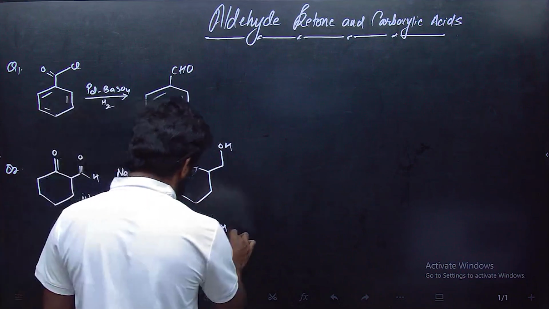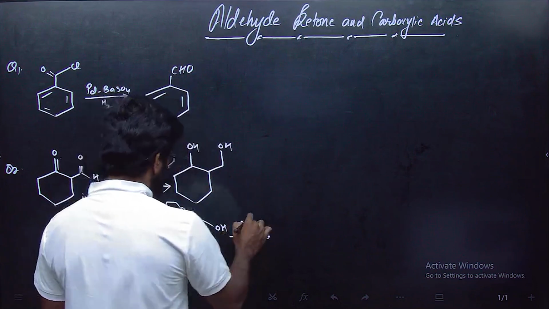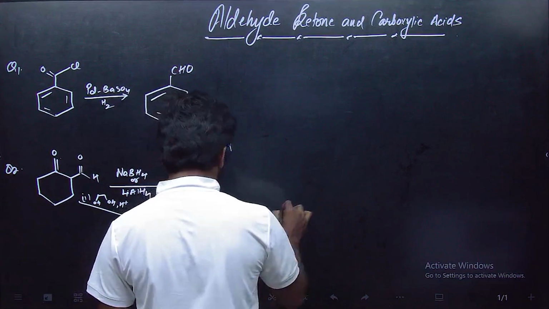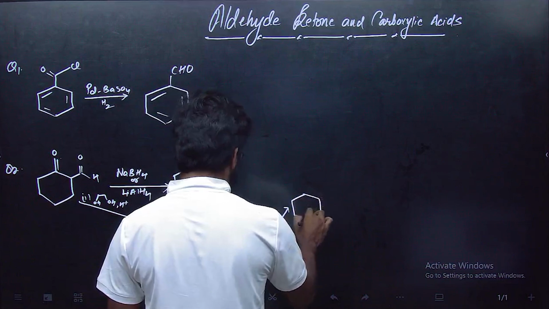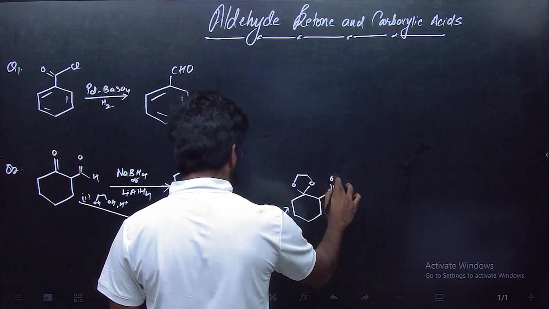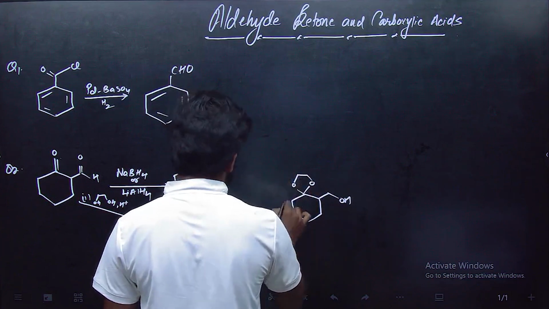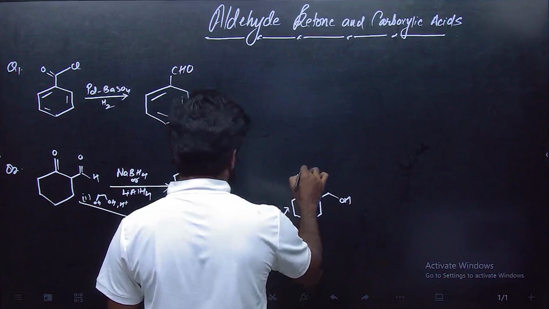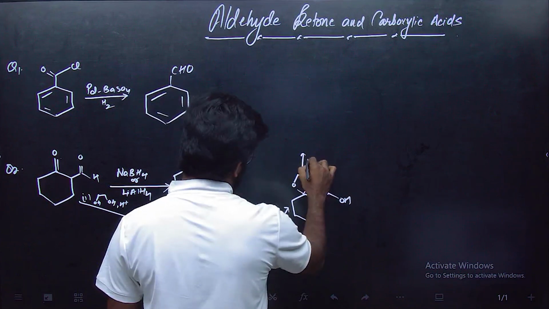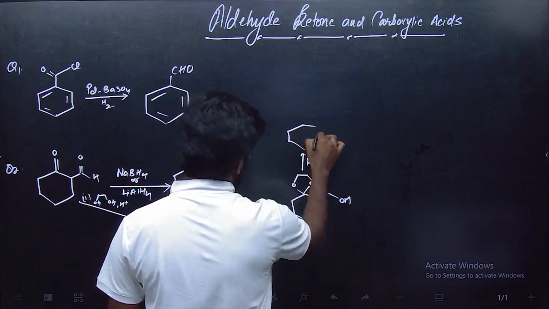Now, if you apply LiAlH4 or even NaBH4, what you will get is the reduction of the aldehyde group, because the ketonic group is now protected. So it will form this. And once you get this, you simply use Raney nickel to get back the ketone, or you can sometimes use acidic hydrolysis.